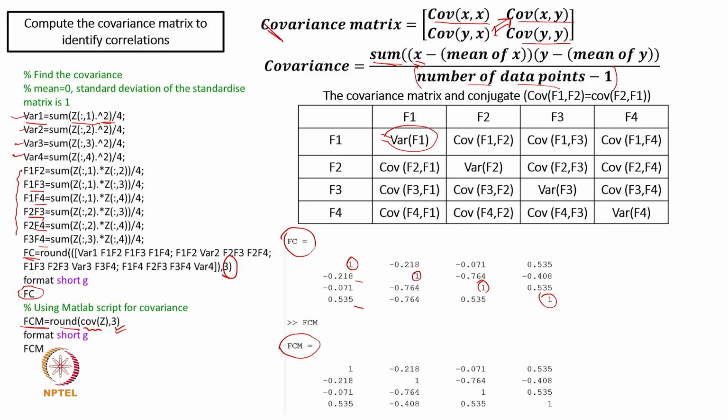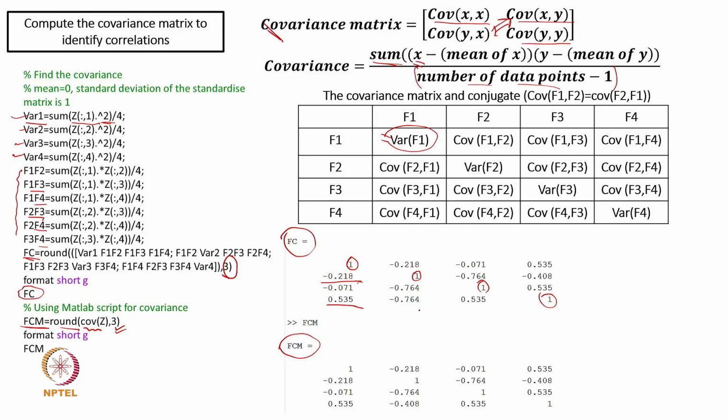You look here, there is 0.218, which is negative, that means a reciprocal relation, and 0.535 means a positive relation, when the parameters vary together.